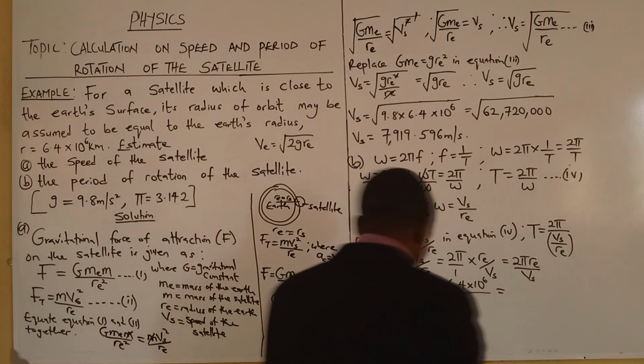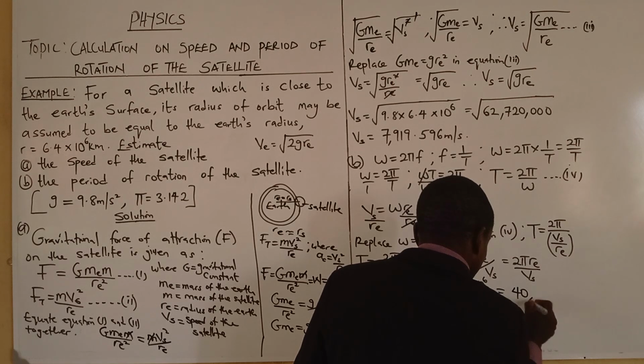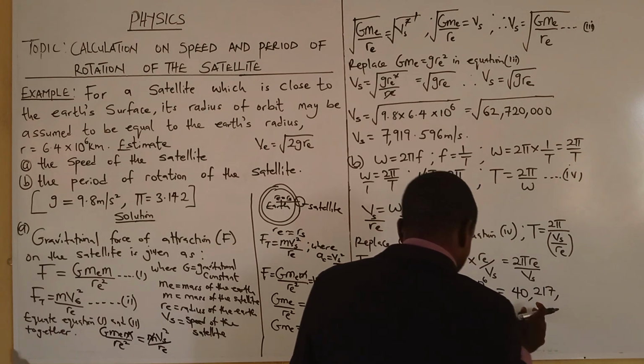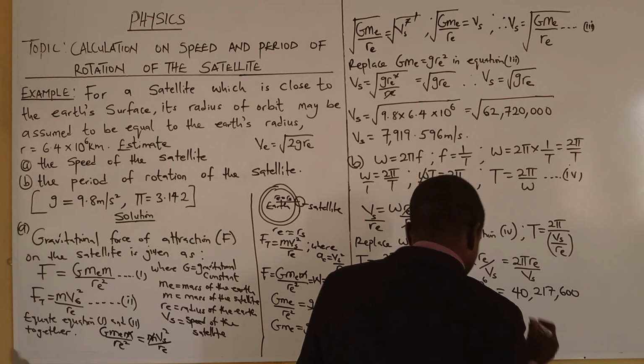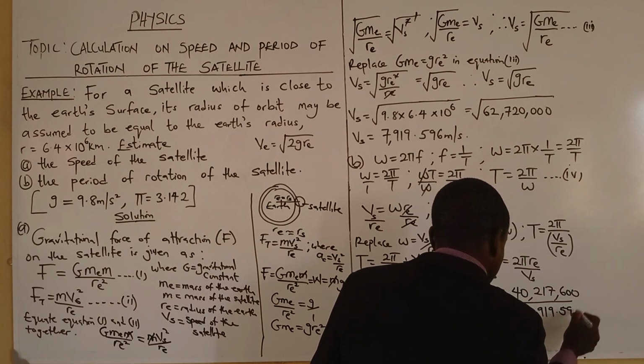You multiply the numerator, you have 40,217,600 divided by 7,919.596.